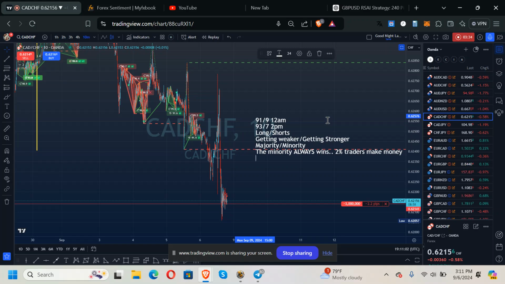Just look at it that way. This is a deep, deep explanation, but this is how I've been using sentiment to win trades, like to make money, because I saw the correlation.